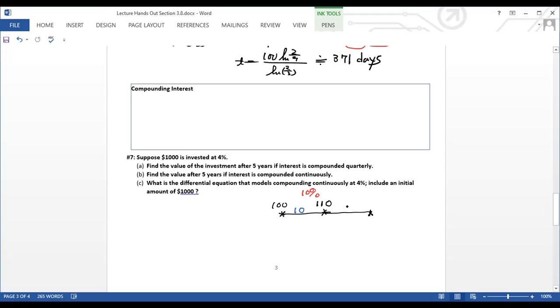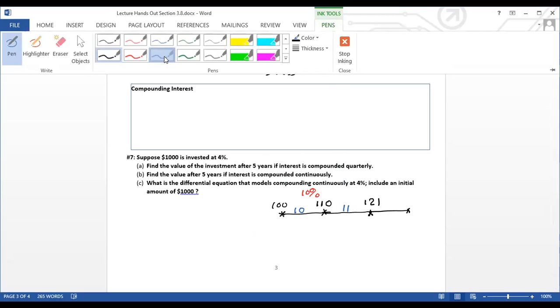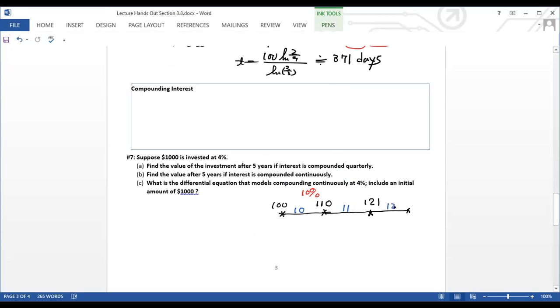The next year, 10% of the 110 is $11. So at the end of the next year, in total you have 121. So for compounding, you add the interest again, then you take the 10% again. The next interest is $12.10.